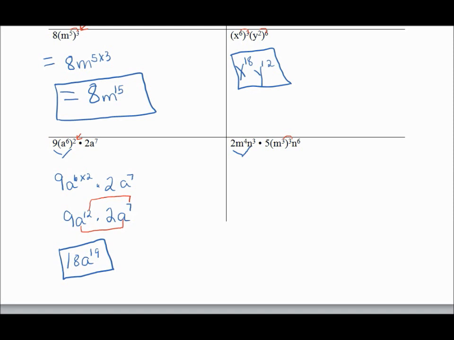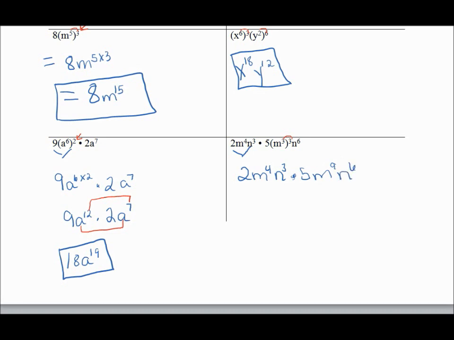So this is what I'll end up with. For the left side, I'll just go ahead and rewrite that for right now. That gives me 2m to the 4th, n to the 3rd, times 5m to the 9th, because 3 times 3 is 9, and n to the 6th.